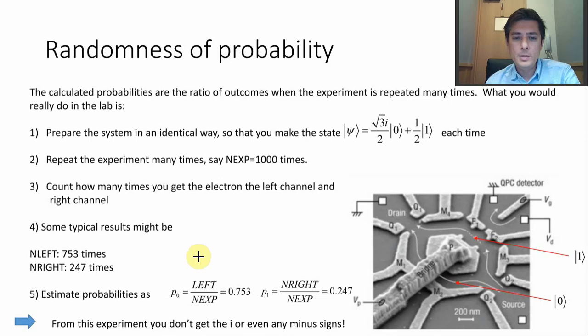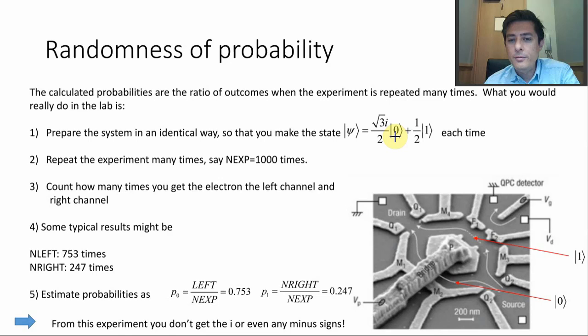There's one thing to notice here: there's this factor of i here, and basically it didn't really do anything. If this i wasn't there, I still would have got 0.753.